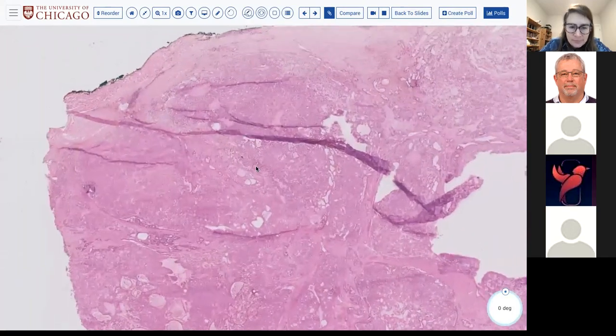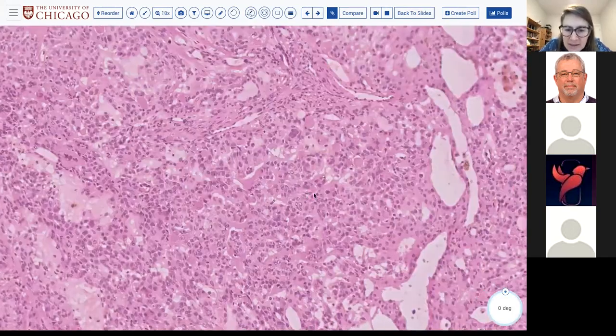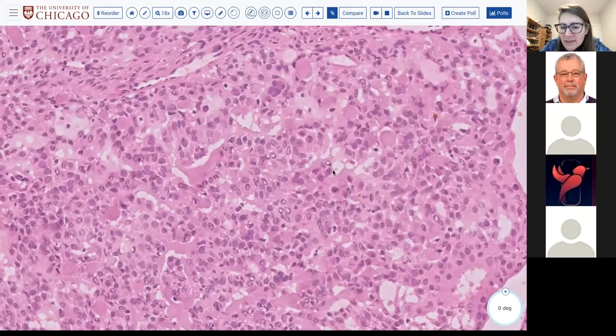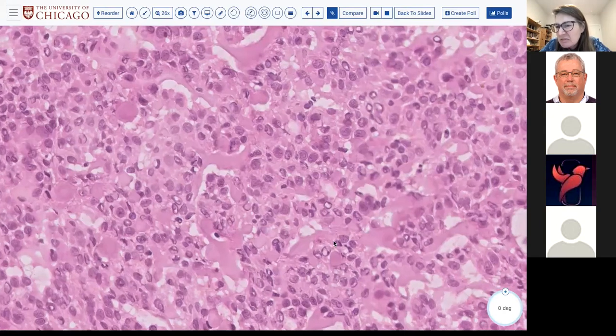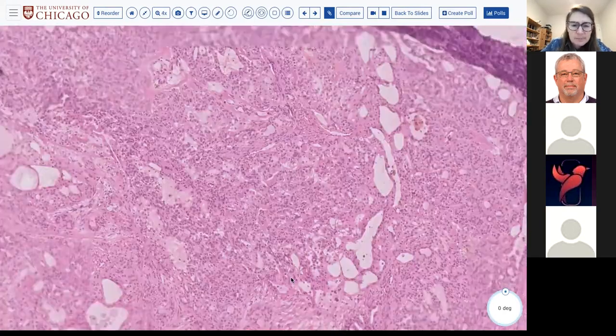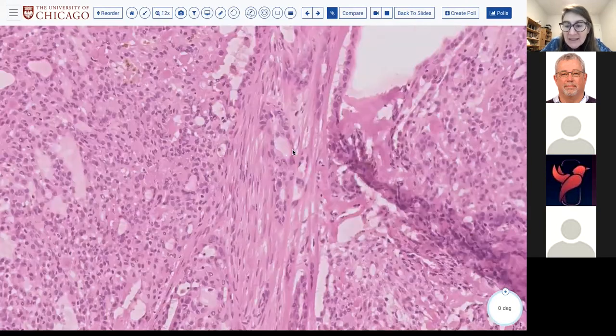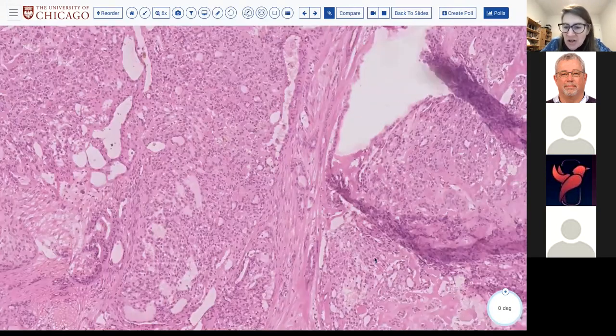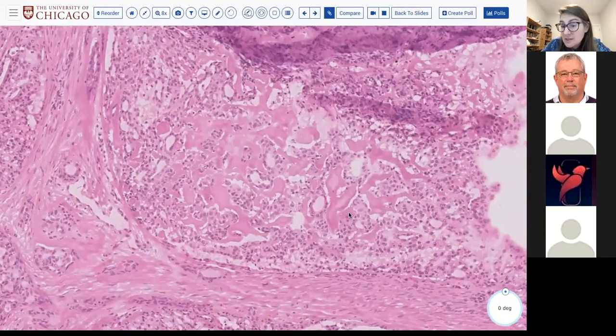They froze it, okay? And again, we see some bland ovoid cells with some intranuclear, maybe artifactual, little vacuoles. Do we see any overt bilayered ducts? Hard to say because it's a frozen, but I certainly see little duct-like or cystic spaces.